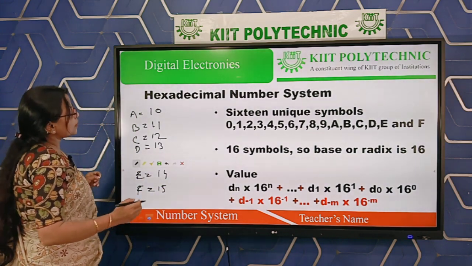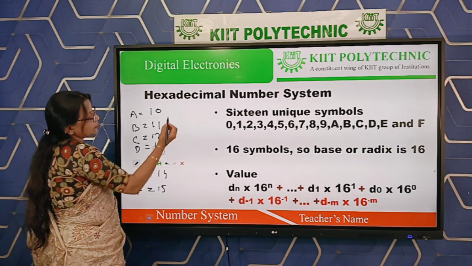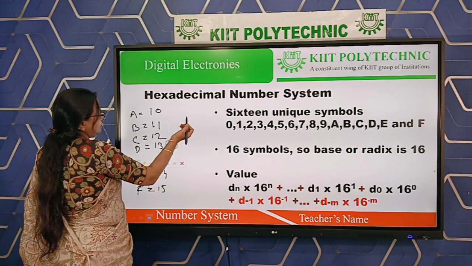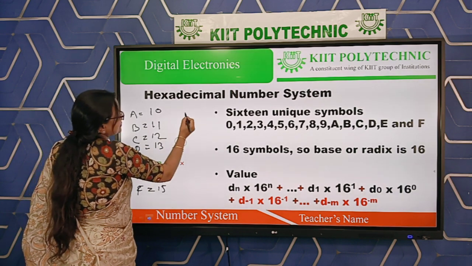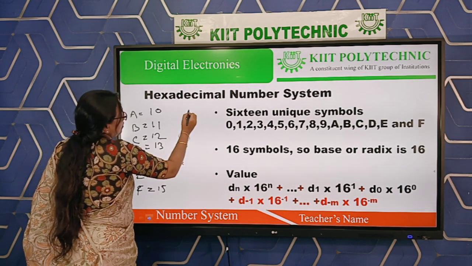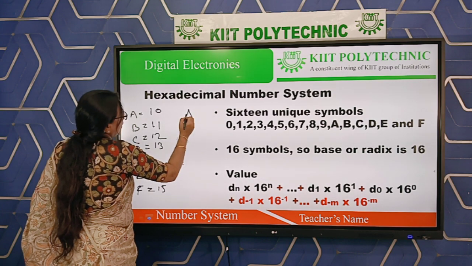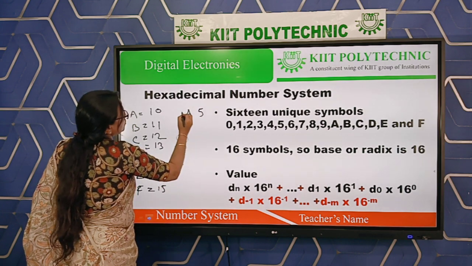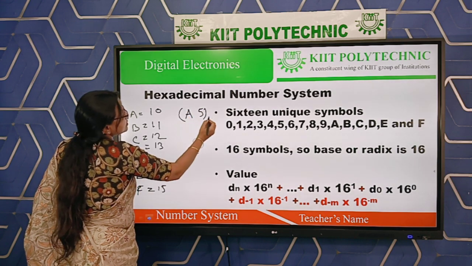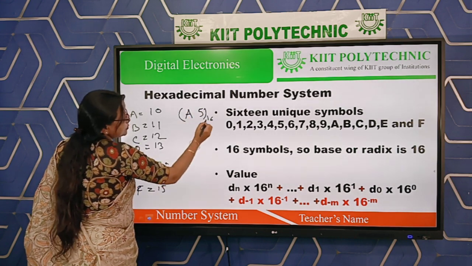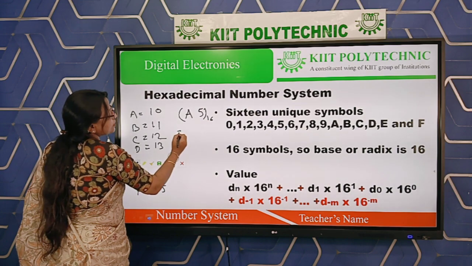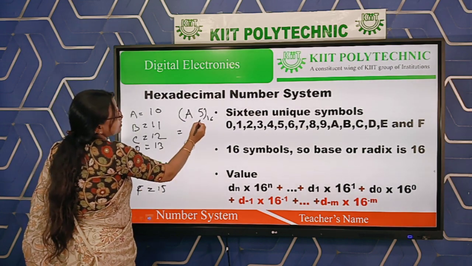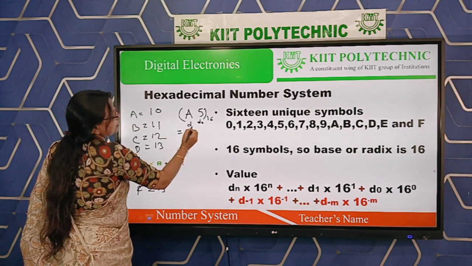So here we frame numbers the same way. Now I am giving one example. In case of a hexadecimal number, I am writing A5. Its base is 16. What is its equivalent decimal value? This is D0, this is D1.